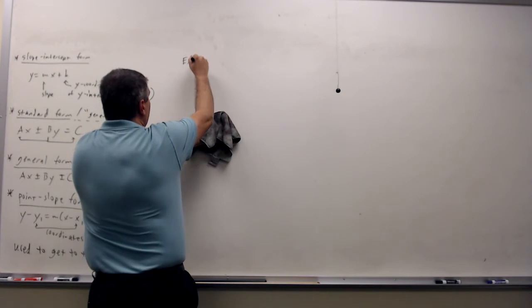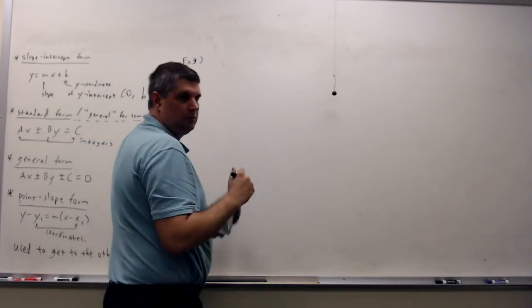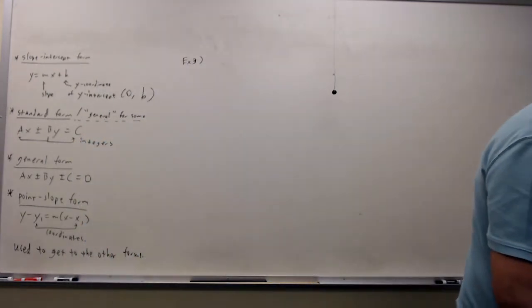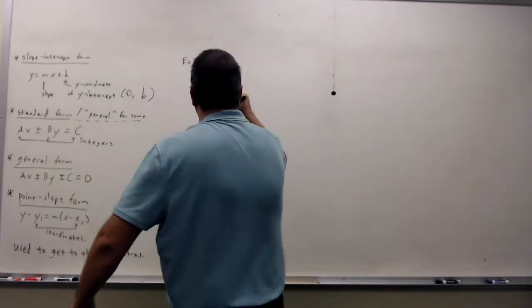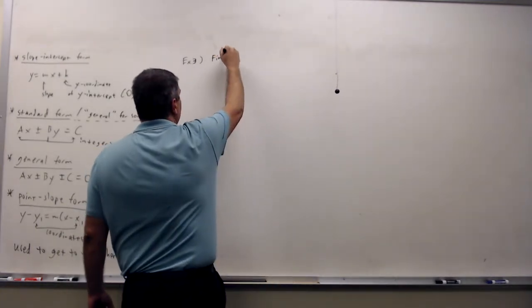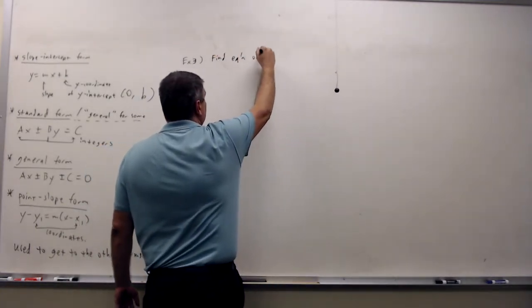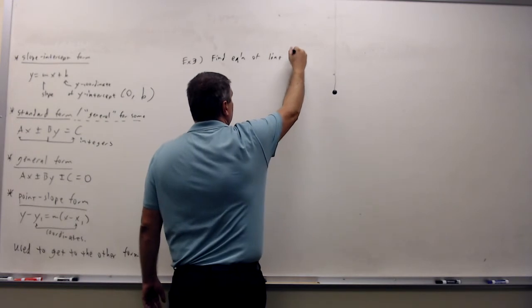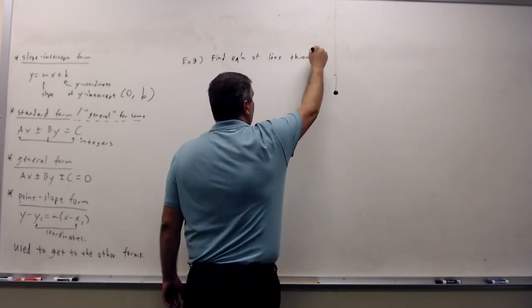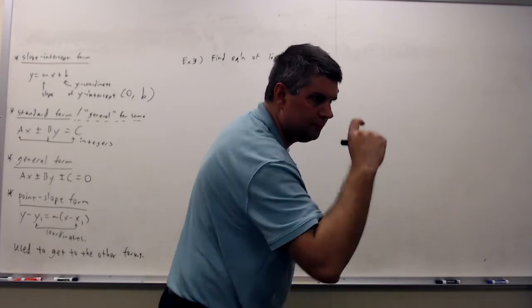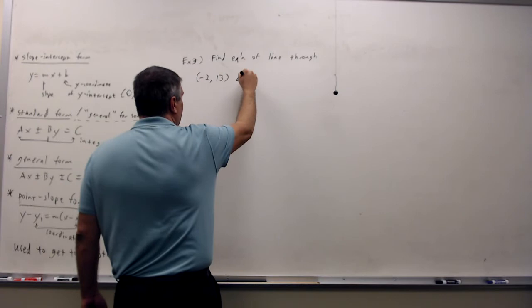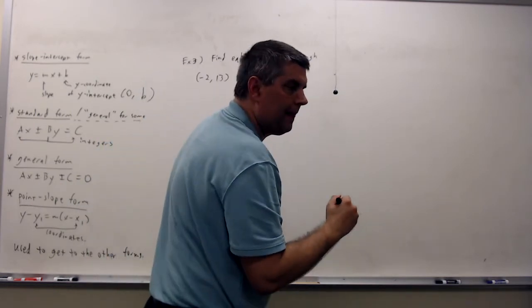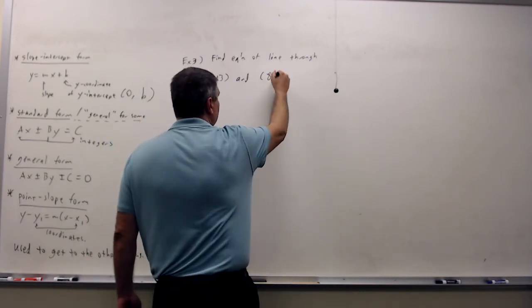Okay, example 3. Find the equation of the line through -2, 13 and 8, -9.